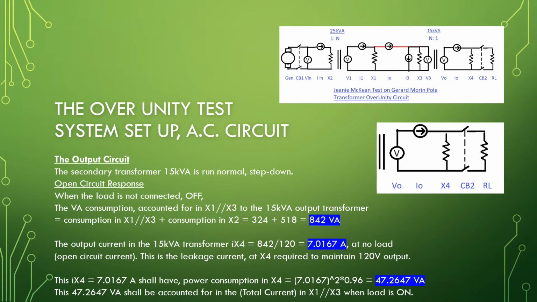This 47.2647 VA shall be accounted for in the total current in X1 parallel X3 when the load is on.